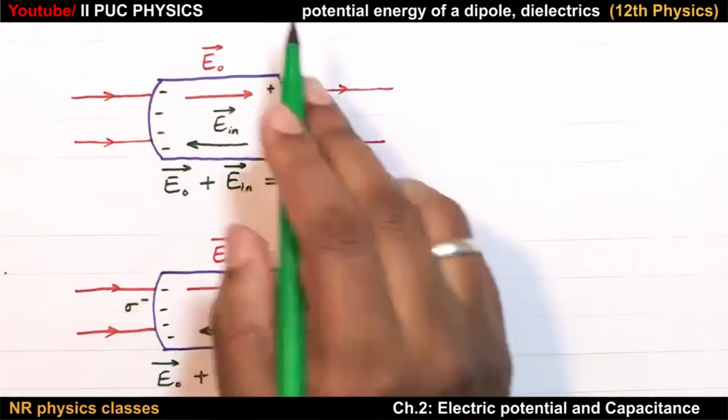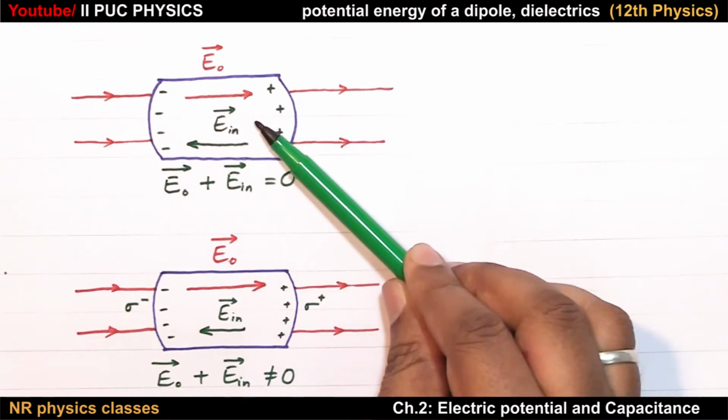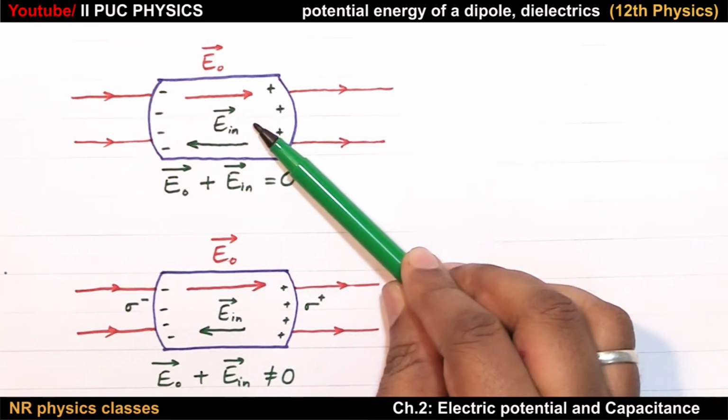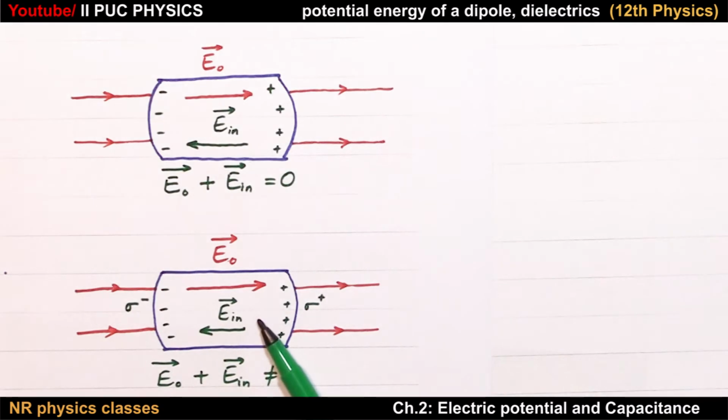Students, please concentrate. There is no electric field inside the conductor, but there is electric field inside the insulator. You will understand this separation of charge in the next topic. For the time being, accept that the induced electric field is always less than the applied electric field. I am using the term induced.